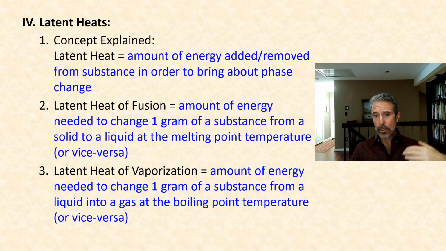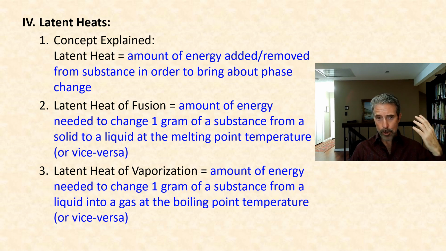And when we look at the reverse process, in other words, when we convert steam, gaseous water, back into liquid water at 100 degrees Celsius, we can say that 2,260 joules of heat is removed.